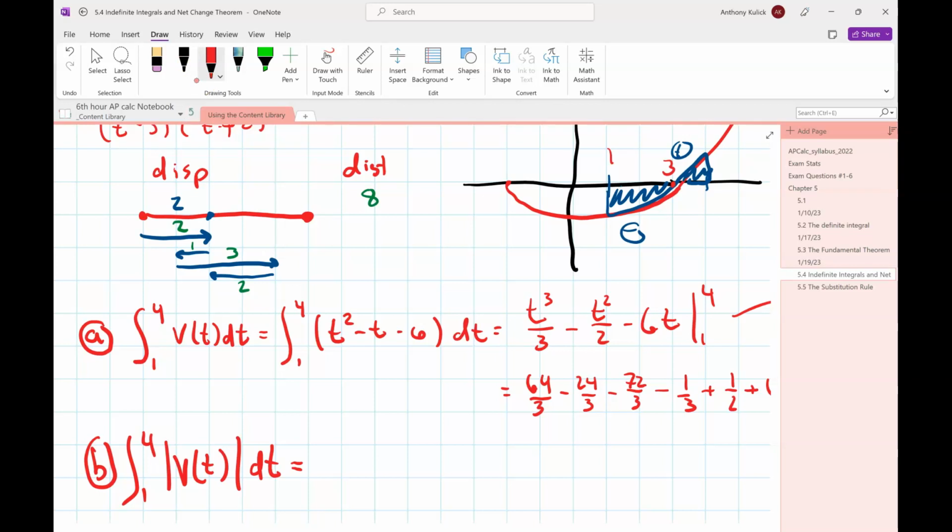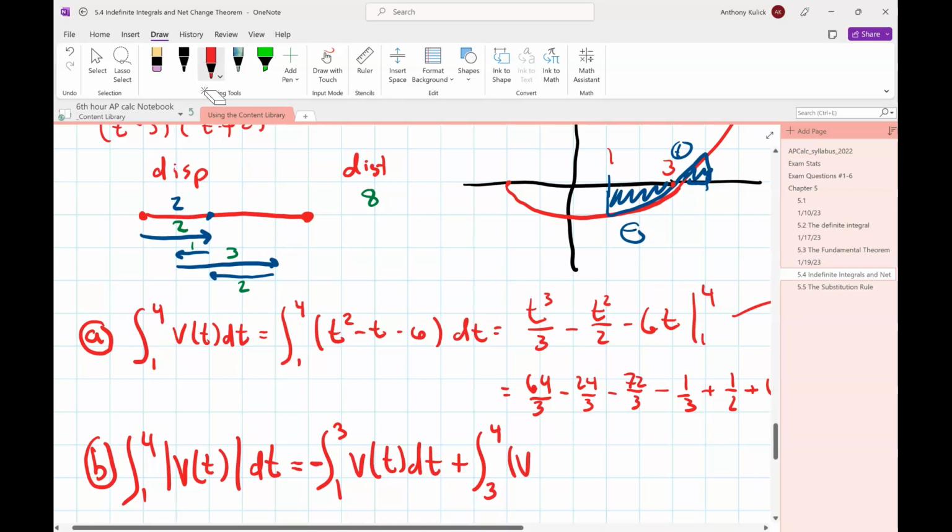Based on the picture I drew above. And we'll just make that part negative, and we'll add to it the part of my integral that's positive. We're just going to do them as two separate integrals.